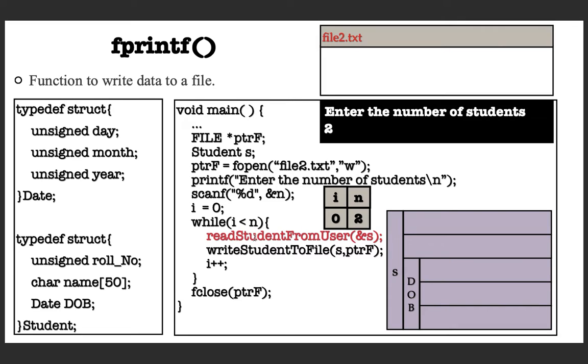It is a function called read student from user, and note that here you are passing the address of this structure variable as an argument, because I want to read the components in this function and I want to get it reflected here, and that is why I am passing the address. So if you go to that function, this will be caught in a pointer to that structure. So now we can jump to that function.